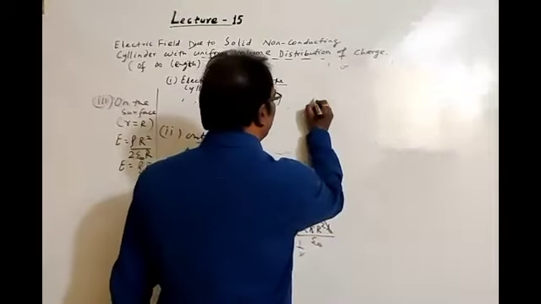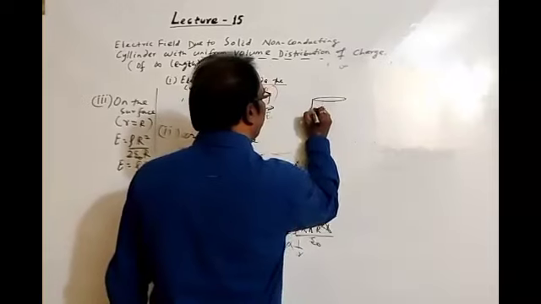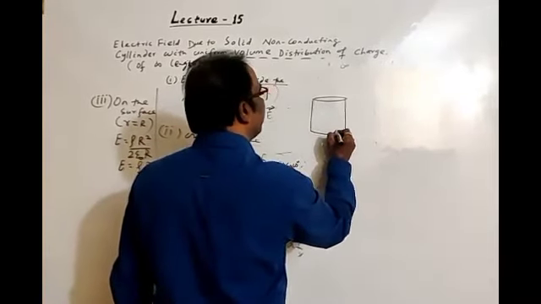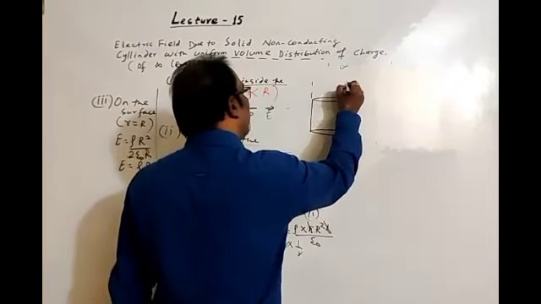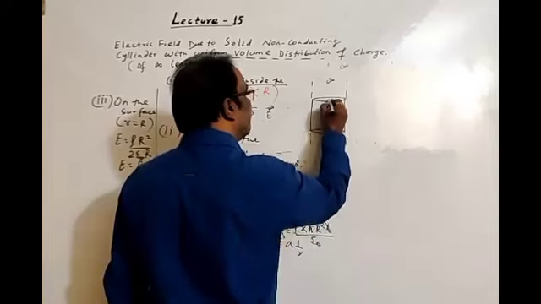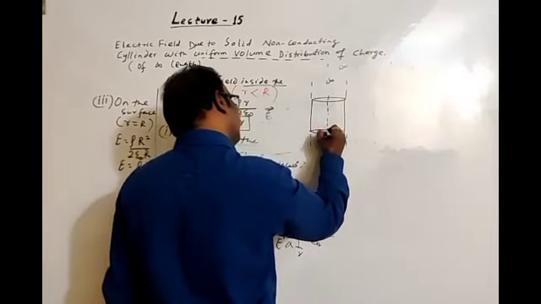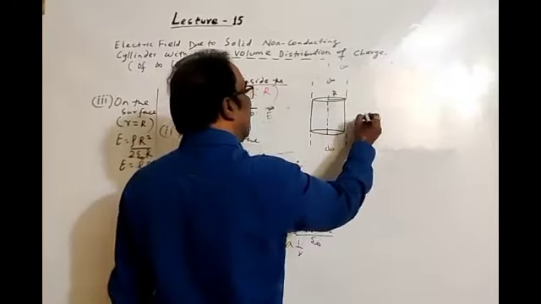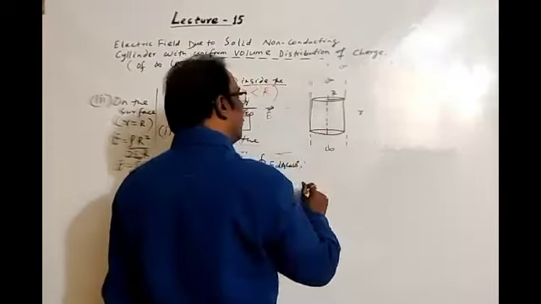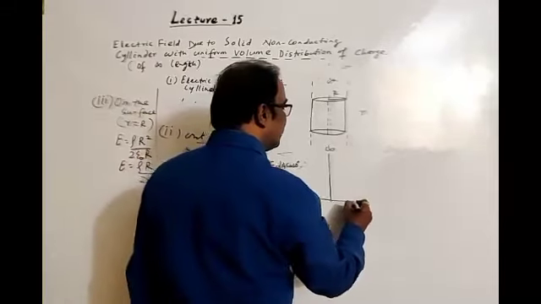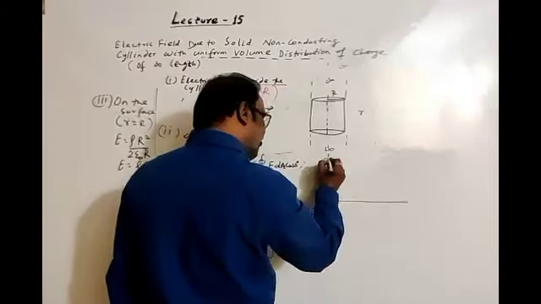Let's take this, our uniformly volume distributed cylinder of infinite length. This is the axis of the cylinder. This is the radius of the cylinder. R is any distance. We are starting our graphical representation from the axis.